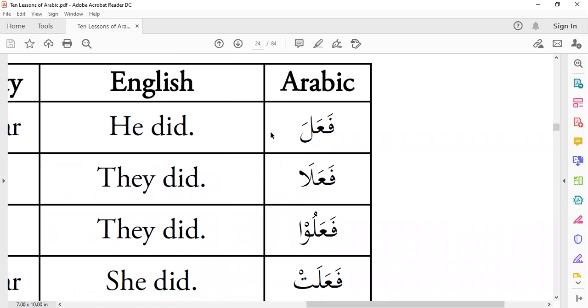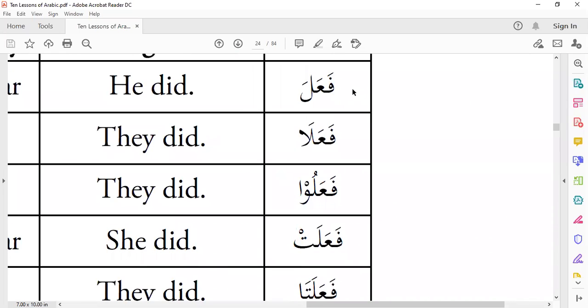So here, he did. He, one man, did. Now when they want to change it to two, third person, masculine, dual, all they added was an alif. I'll change the verb into daraba, daraba. Does everyone understand that? Just by adding alif, you are referring to third person, masculine, dual.